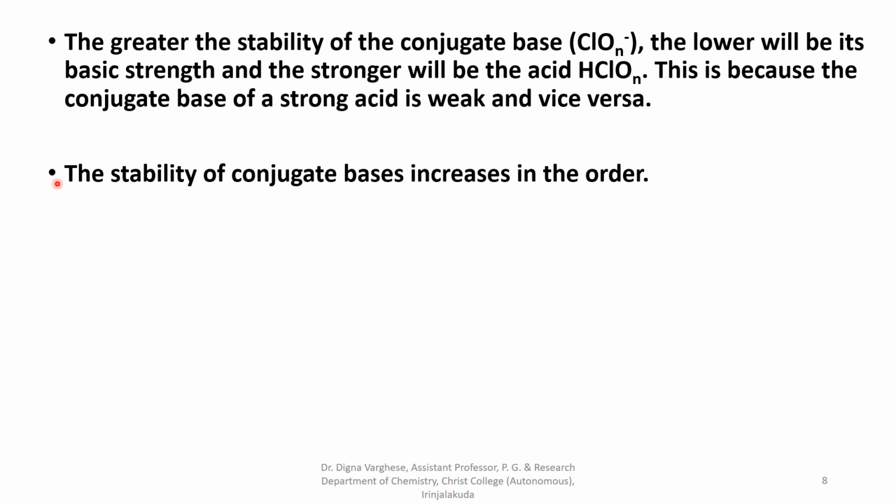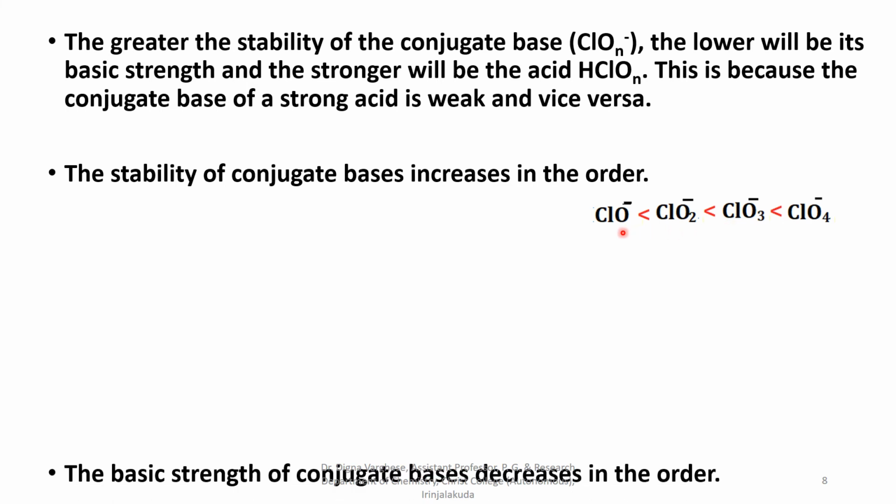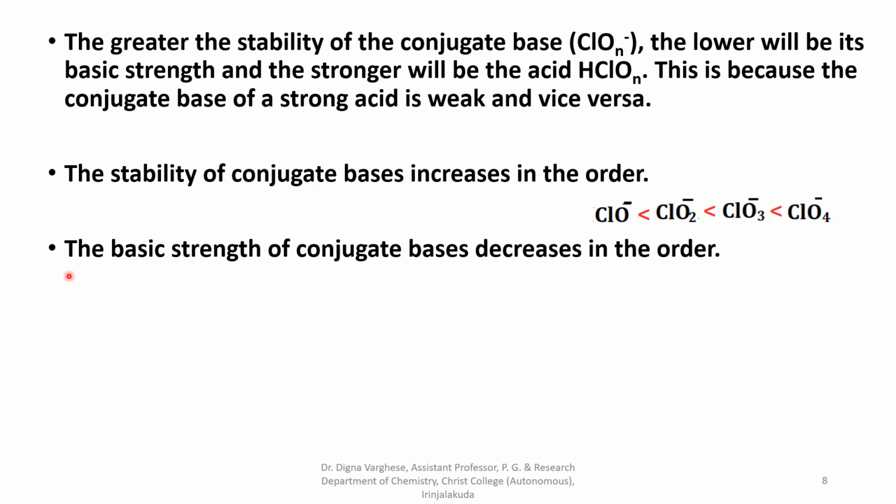The stability of the conjugate bases is in the same order as that of the acids, that is ClO4 minus greater than ClO3 minus greater than ClO2 minus greater than ClO minus. The basic strength of the conjugate bases decreases in the reverse order, that is ClO minus greater than ClO2 minus greater than ClO3 minus greater than ClO4 minus.